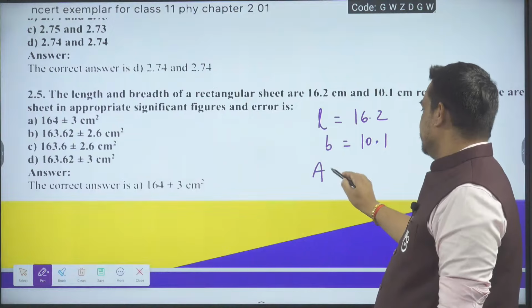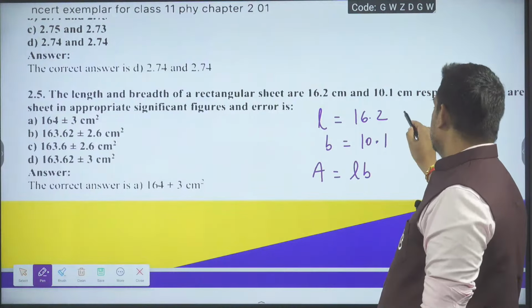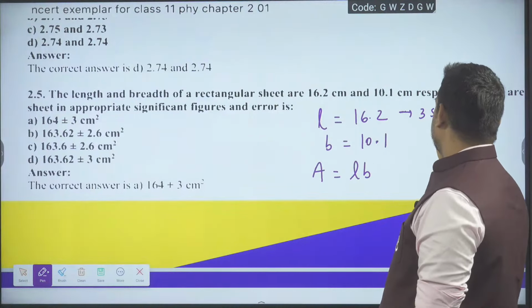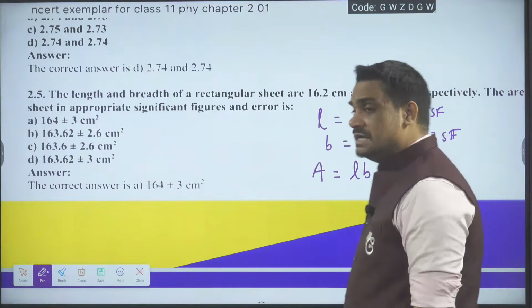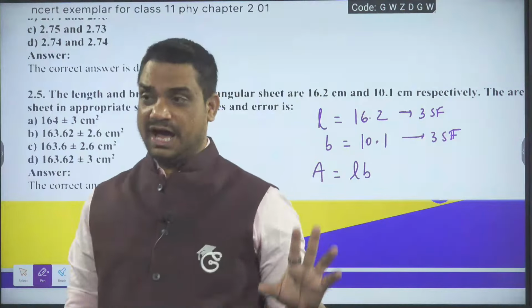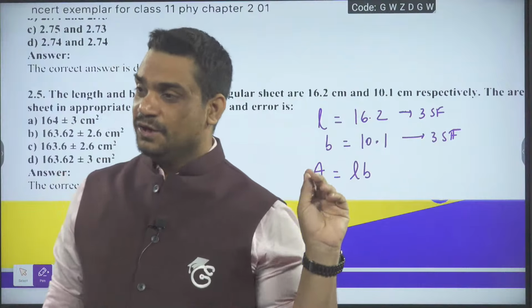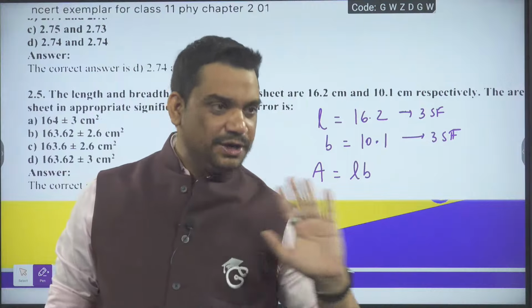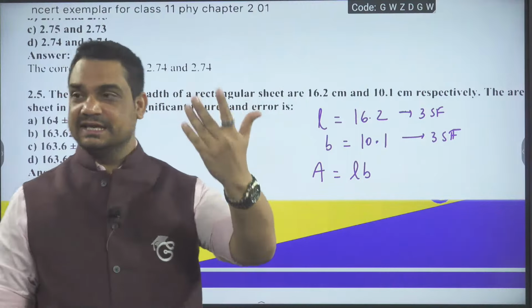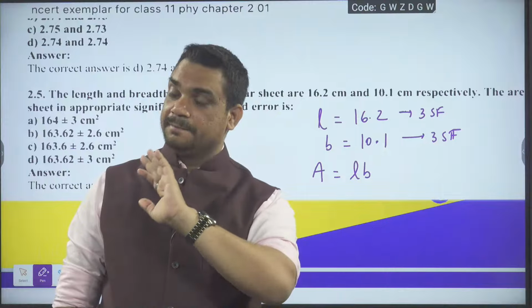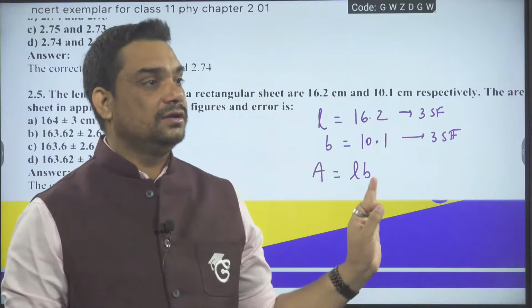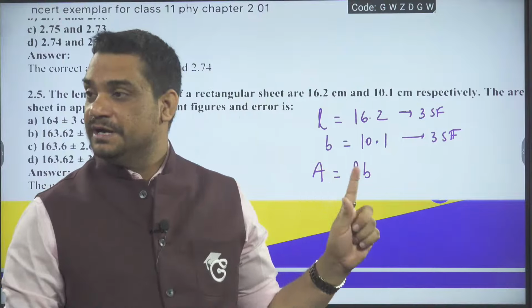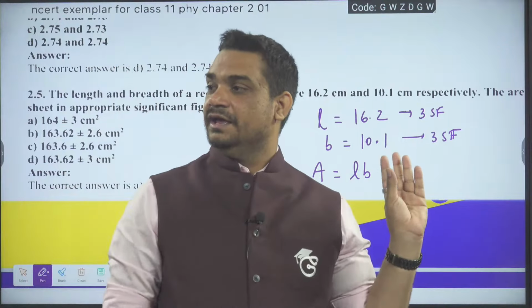So area is basically L into B. Here both have three significant figures. So how many significant figures must your answer have? Are you going to multiply here? No need of multiplication. Some people were asking, sir, how to multiply? Mostly multiplication is not needed at all.